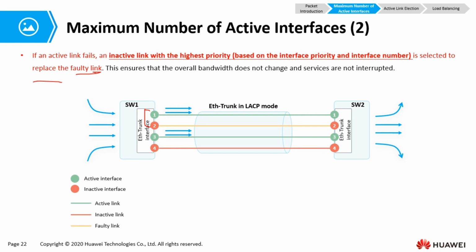Now if link 2 is broken and not functioning, then link 3 will be selected compared to link 4. Why? Because the smaller interface number has a higher interface priority, so it will be selected to be the active link to replace the faulty link.